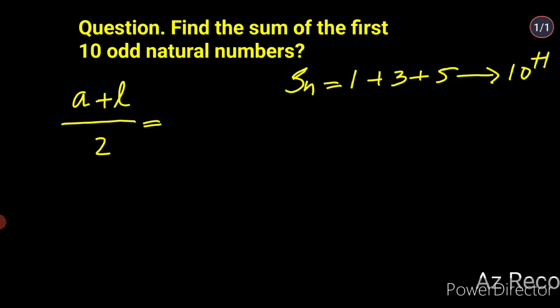So the first term is 1, and the last term is a plus n minus 1 d.